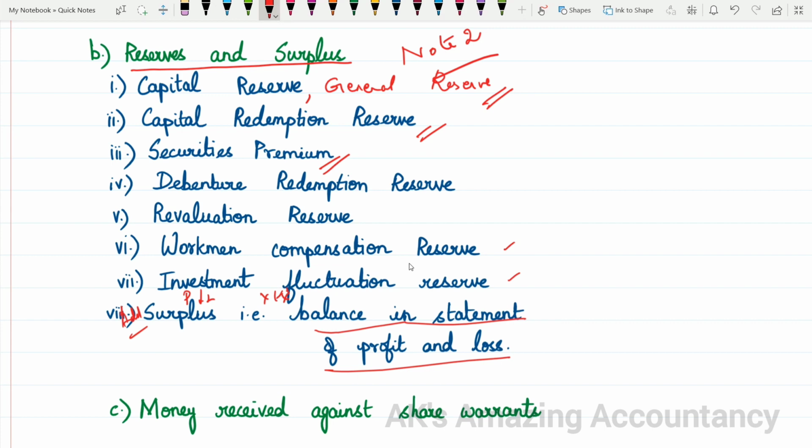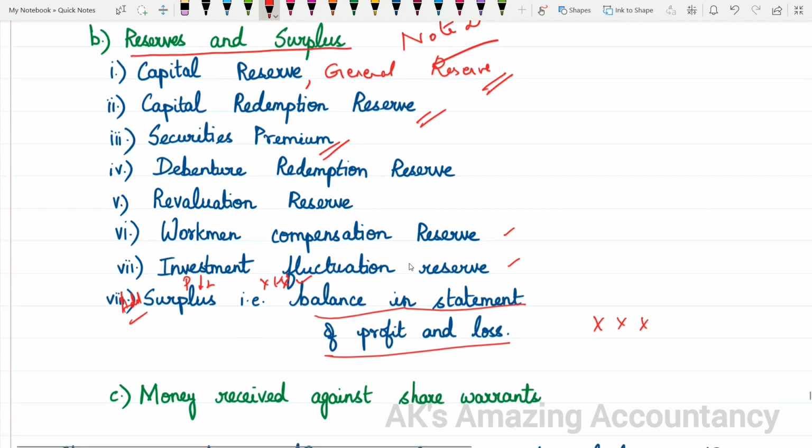That profit or surplus will also be shown under the heading reserves and surplus. So if you already have P&L account in the problem, that will be taken, and along with that, the surplus as per the statement of profit and loss will be added. Okay. So after doing all this, you'll be finding out the final amount, and this final amount will be taken to the balance sheet as note 2.